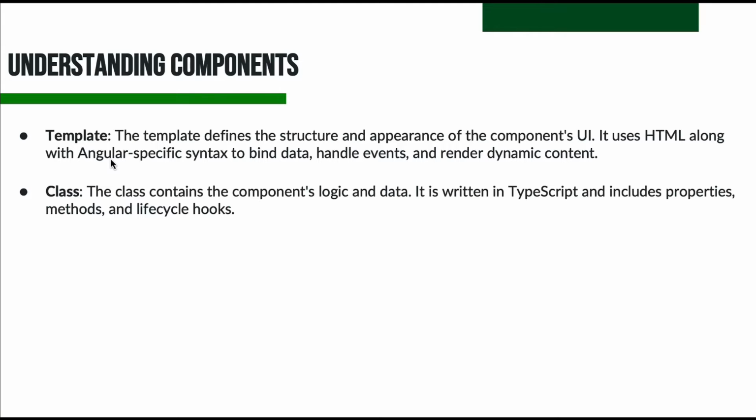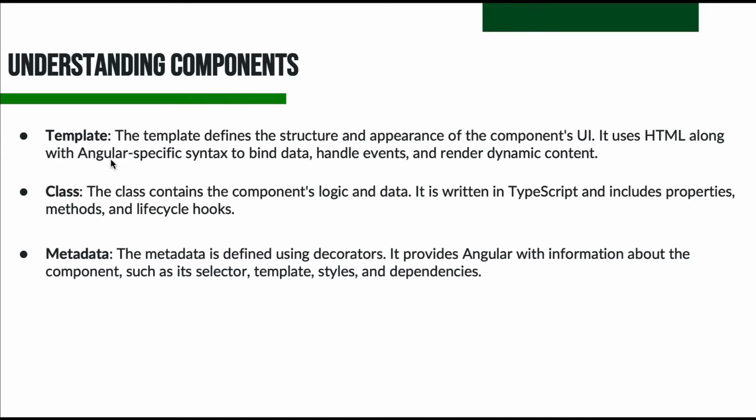The class contains the component's logic and data. It is written in TypeScript and includes properties, methods, and lifecycle hooks. And then we have metadata. The metadata is defined using decorators, and it provides Angular with information about the component, such as its selector, template, styles, and dependencies.